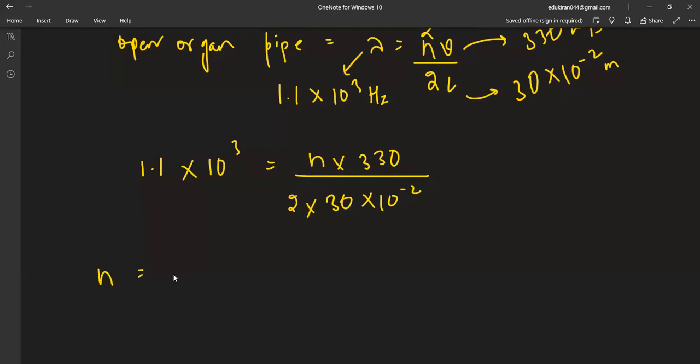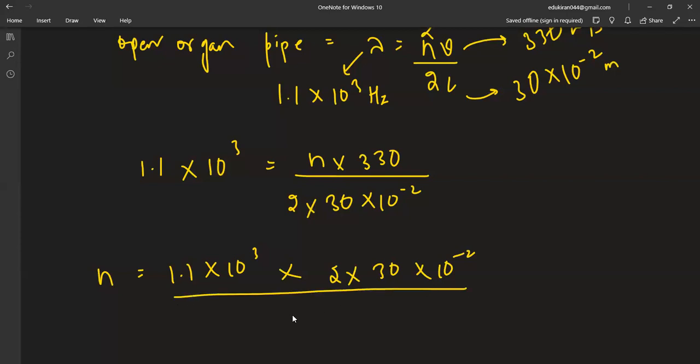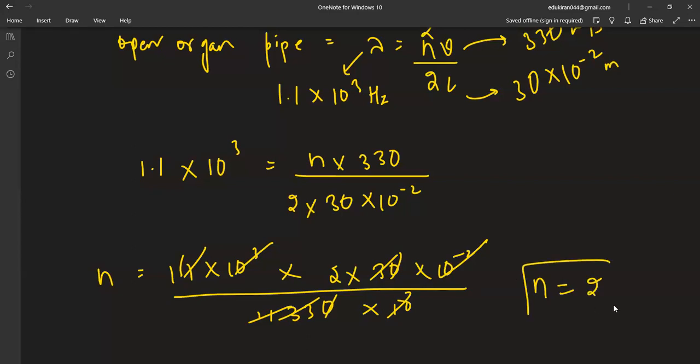So n will be equal to 1.1 into 10 to the power 3 into 2 into 30 into 10 to the power minus 2 divided by 330. The 10s cancel, 11 cancels, and n is equal to 2.